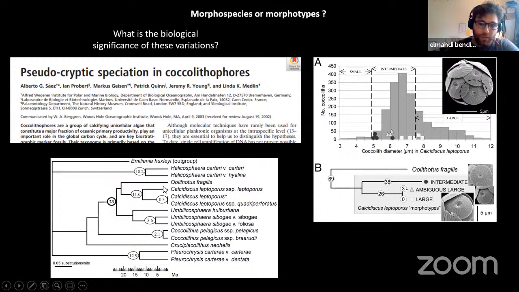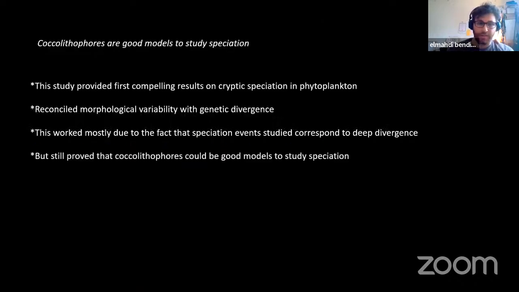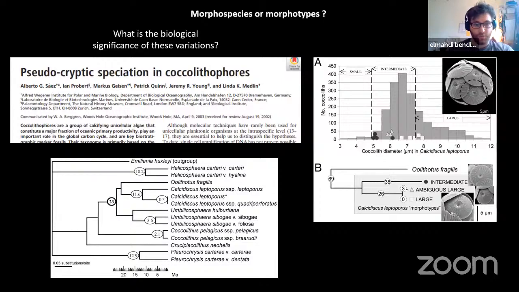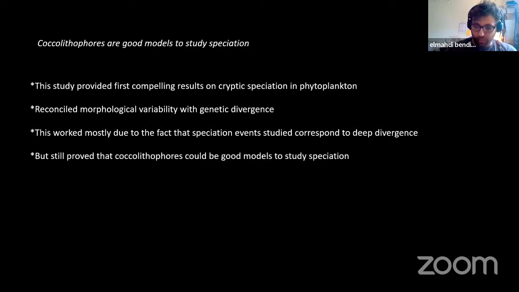And in a way, they resolved quite a lot of incongruency. Instead of having morphotypes that are just subspecies, they clearly showed that the genetic variation between those morphotypes can be more attributed to species, actually. So it was definitely the first study providing compelling results on cryptic speciation in phytoplankton.